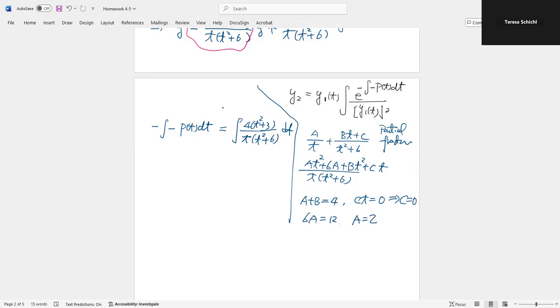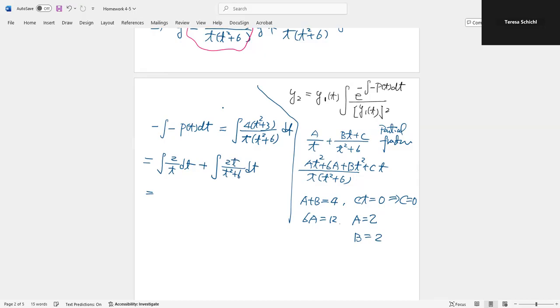Now this integration I can write as the integral of 2 over t dt. If a equals 2 and a plus b equals 4, then b is equal to 2, so plus 2t, and c equals 0, over t squared plus 6 dt.